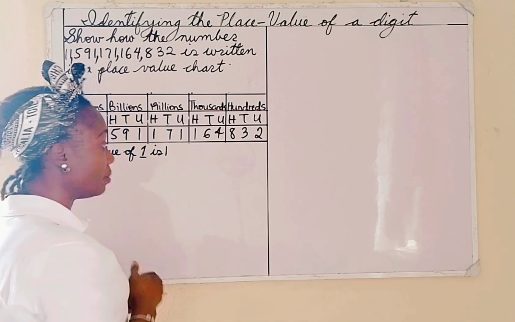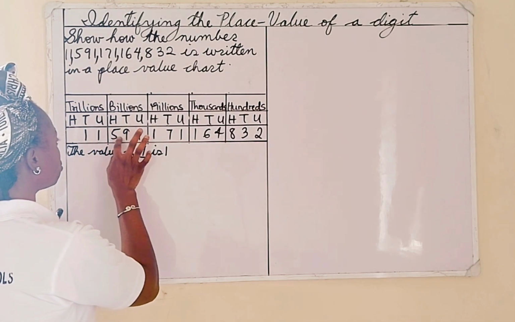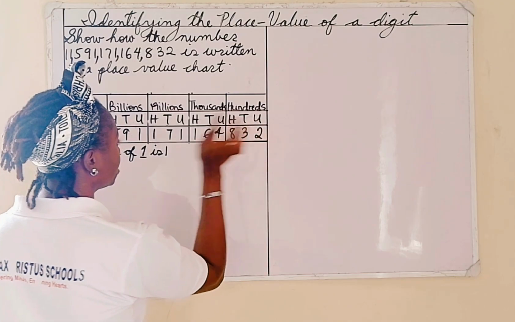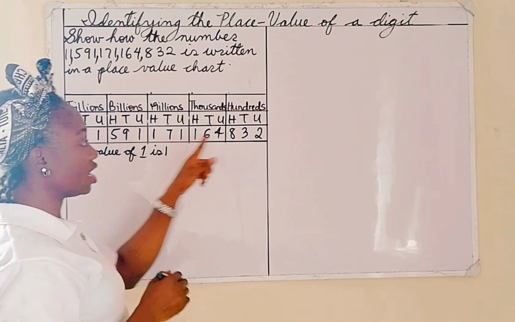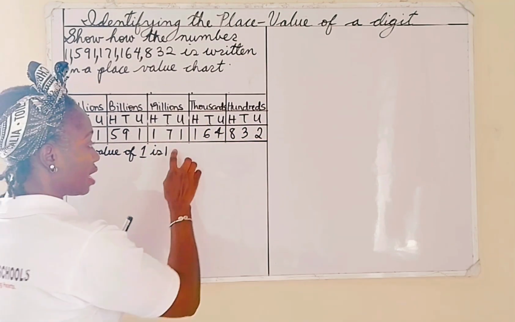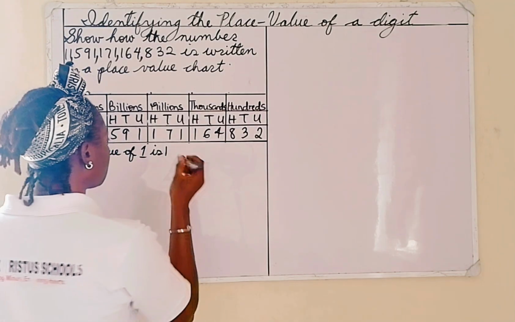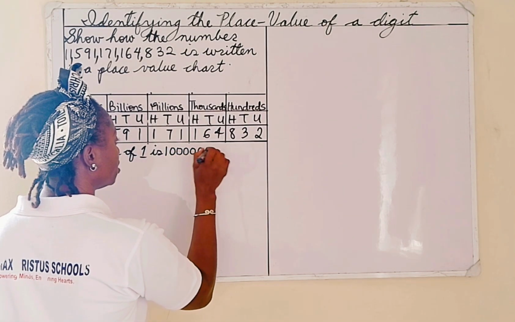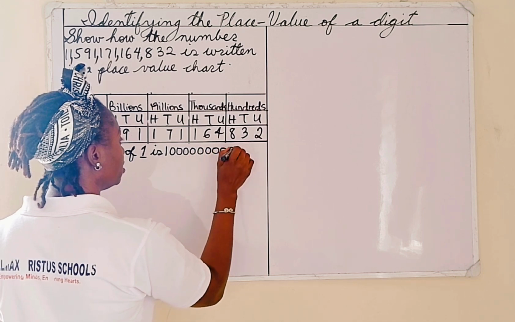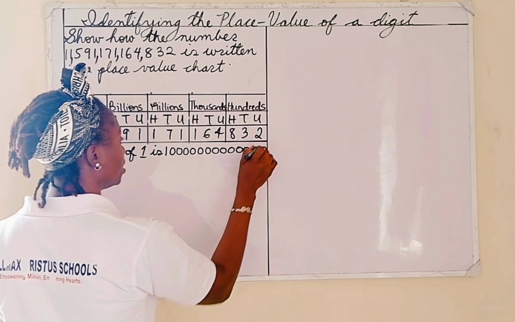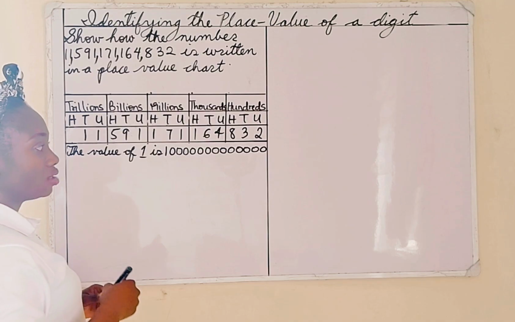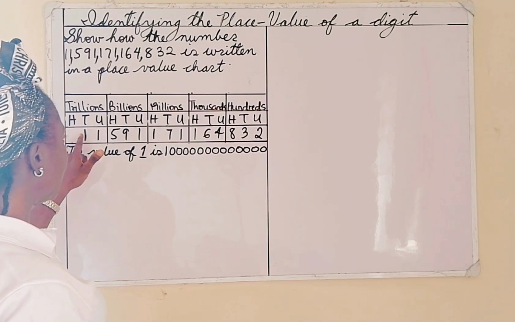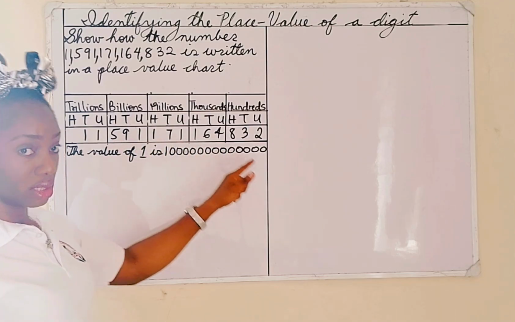Now how many digits do we have here? 1, 2, 3, 4, 5, 6, 7, 8, 9, 10, 11, 12, 13. The remaining digits become 0, so I'm going to count 13 zeros right here. So this simply means that this is 10 trillions.